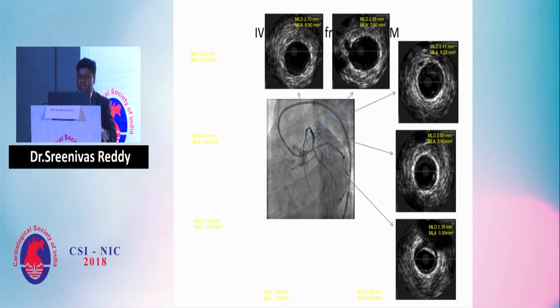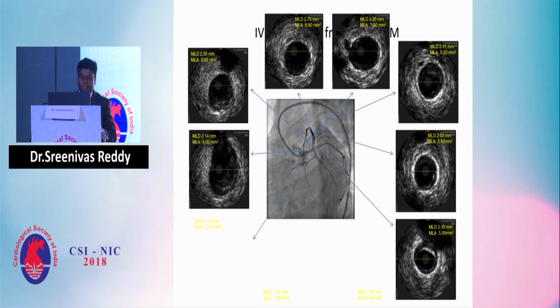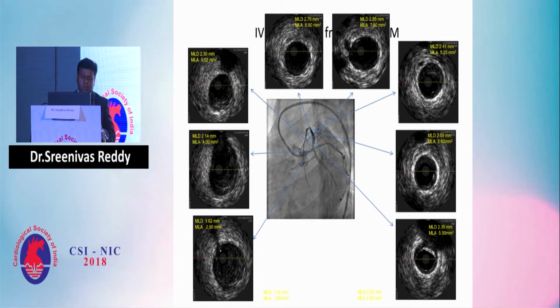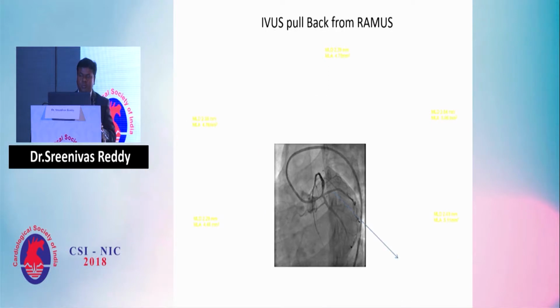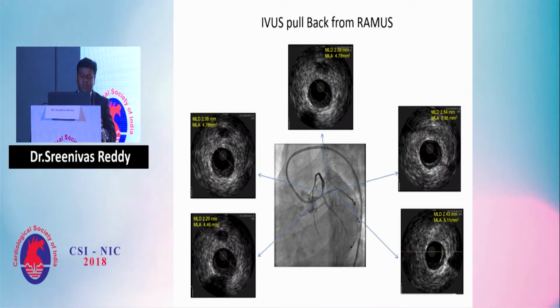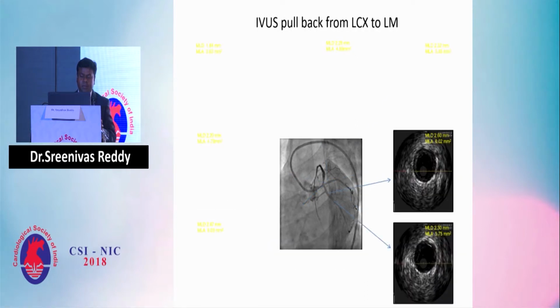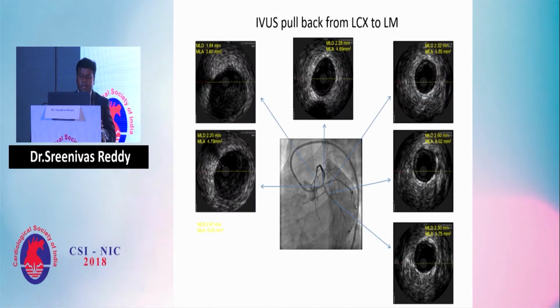You can see this IVUS. Look at this ostial LAD and distal left main, almost 1.62 diameter, and MLA is just 2.5. Again, this was a pullback from the ramus. You can see there is a mild plaque extending into the ostium of the ramus. Similarly from LCX, there is only mild disease at the ostium.